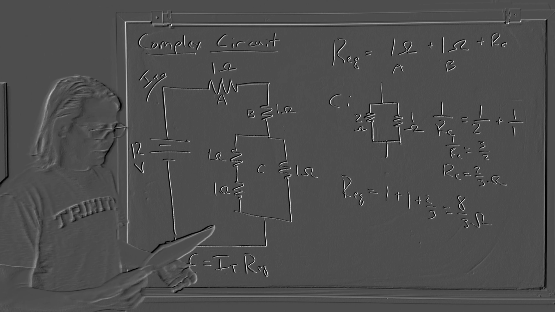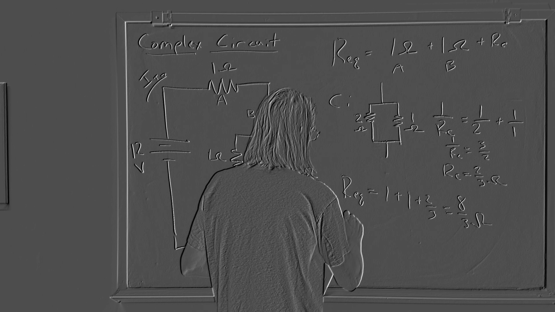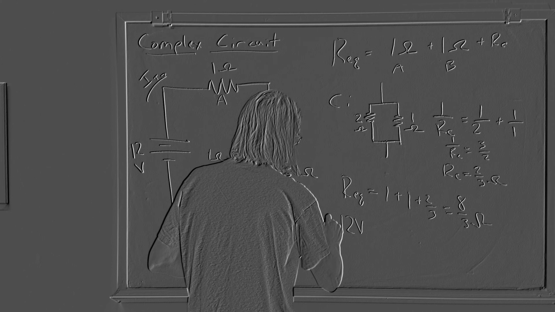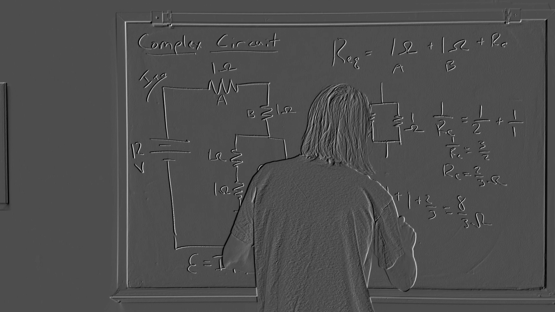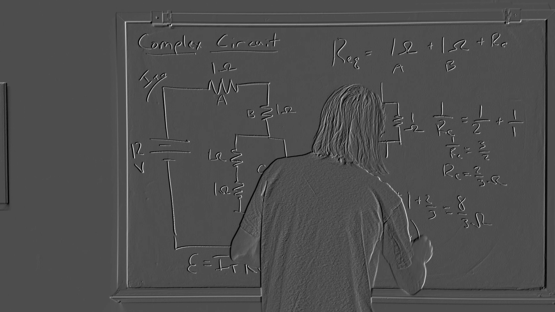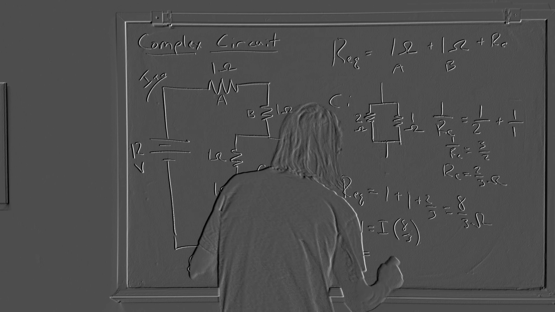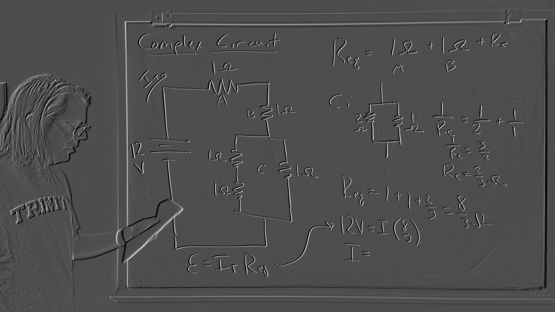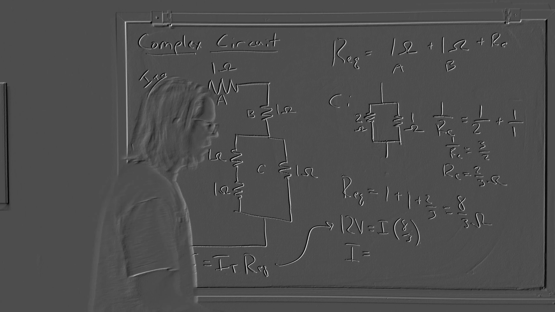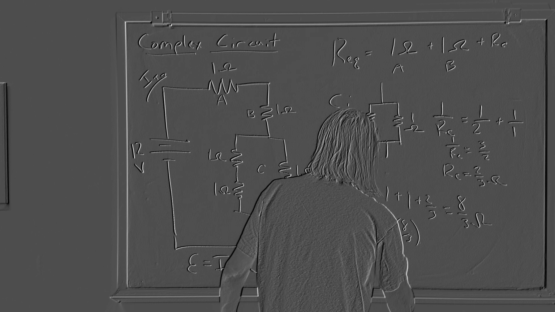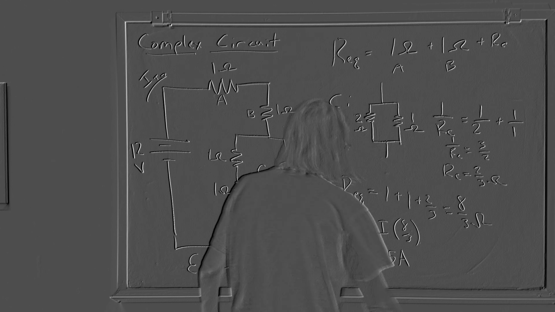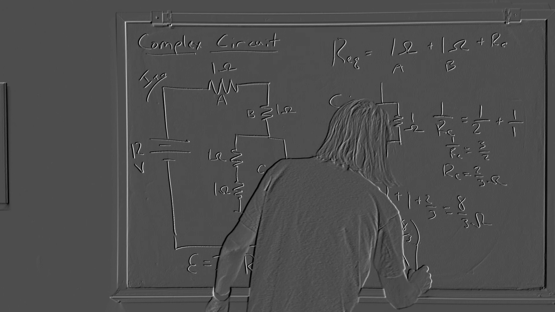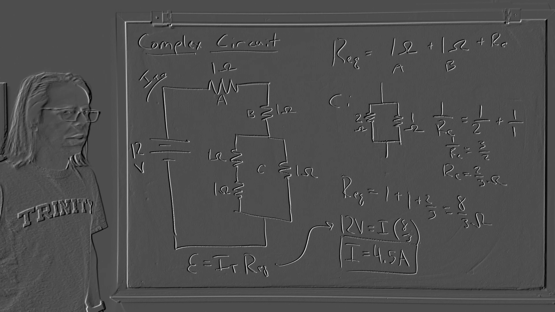So if we want I total, then we say 12 volts equals I times 8/3, and I will come out in amps to be 12 times 3 is 36, over 8 is 4.5 amps. So that's how much current comes out of the battery.